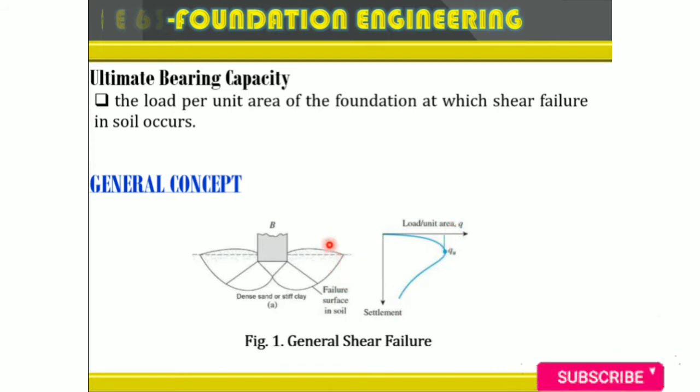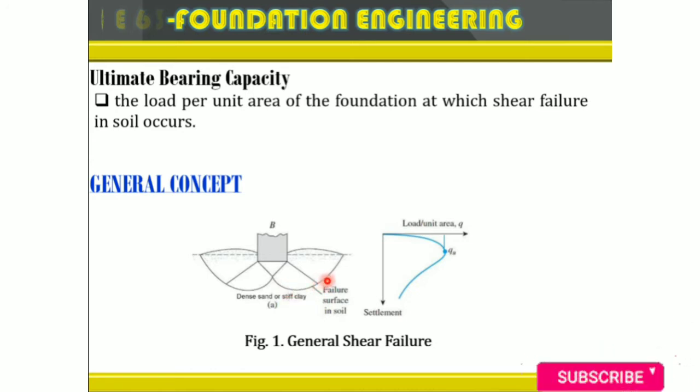At a certain point, when the load per unit area equals q ultimate, denoted by q sub u, a sudden failure in the soil supporting the foundation will take place. So take note of that. We will consider this one as the failure surface in the soil, and the failure surface will extend to the ground.